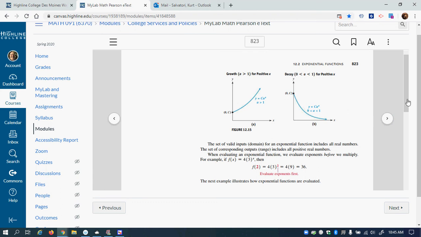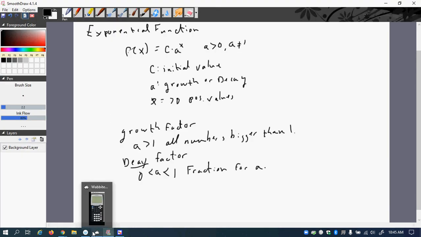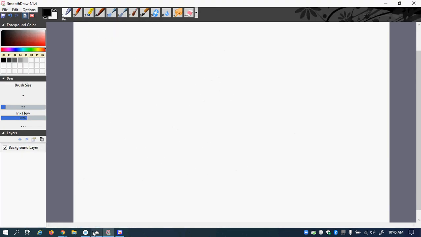Now, what's interesting is how you go about getting these particular values. Let's take a look again at how we would use them. If I were to look at an equation like f of x equal to 10 times 3 to the x power, and we say that x is 2, then f of 2 equals 10 times 3 to the second, which becomes 10 times 9.